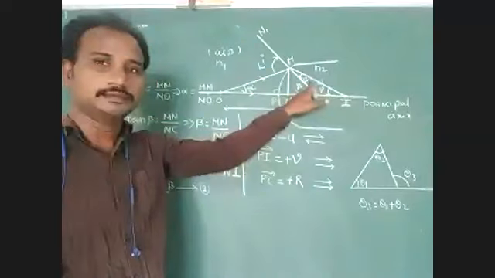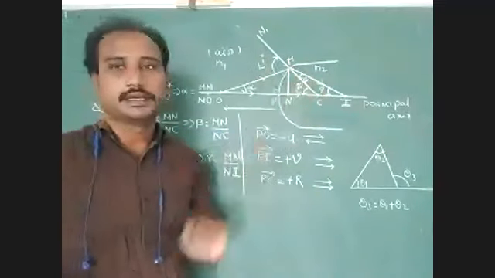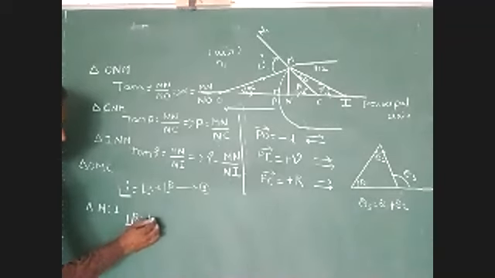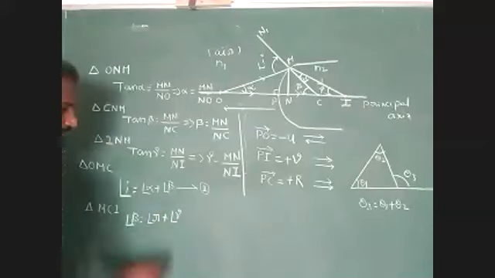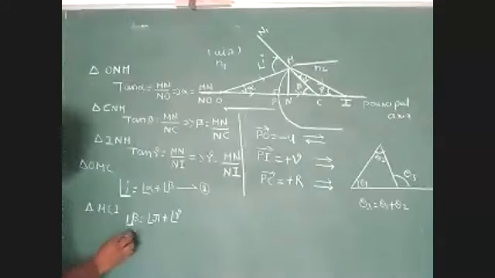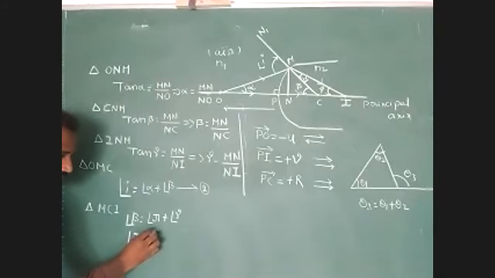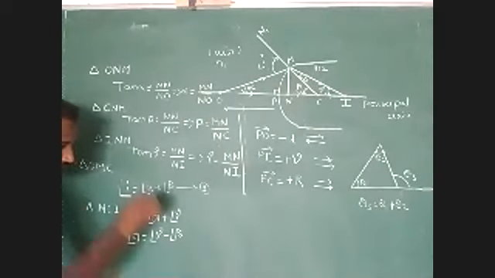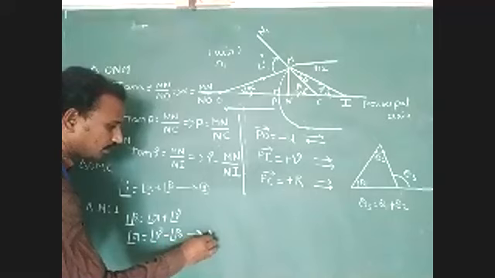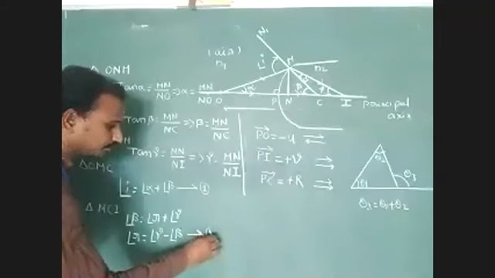Angle R and angle gamma. So angle beta equal to angle R plus angle gamma. We want to find angle R, so angle R equal to angle beta minus angle gamma. It represents equation number 3.